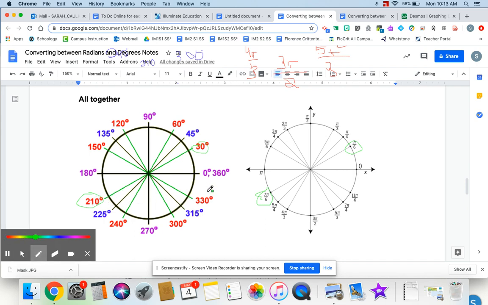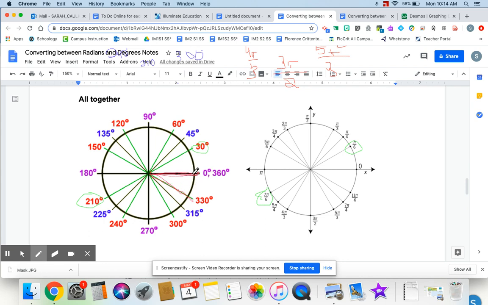Note that when I'm talking about the angle, like the angle 330, if I were to draw it, I would have to start here at 0 degrees and have this line. And then I would need my ending line at 330. But it's not between here and here. That's only 30 degrees between 330 and 360.